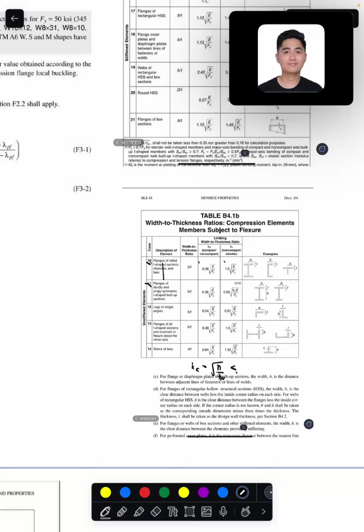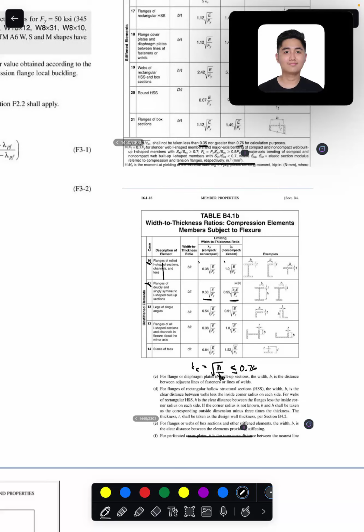And dapat hindi siya greater than, it has to be less than 0.76 for all calculation purposes and not less than 0.35. So kapag bumaba siya ng 0.35, 0.35 na gagamitin mo. Kung lumagpas siya ng 0.76, 0.76 yung gagamitin mo for KC. So ito, dito mo siya gagamitin.